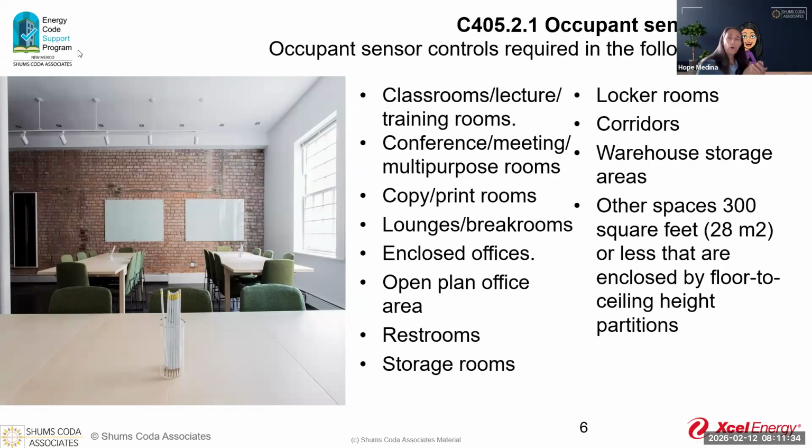And so the code has very specific locations where occupancy sensors have to be installed. And as you can see on the screen, we have quite a few listed here, just to name a few: classrooms, restrooms. I think we're all very familiar with occupancy sensors in restrooms. Corridors is a new one this go around. Open offices, enclosed offices, and then the catch-all of 300 square feet or less spaces, and warehouses.